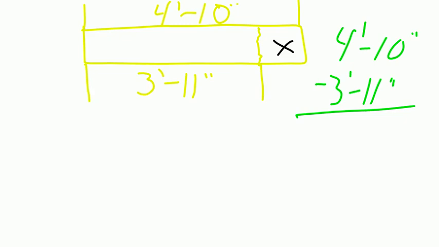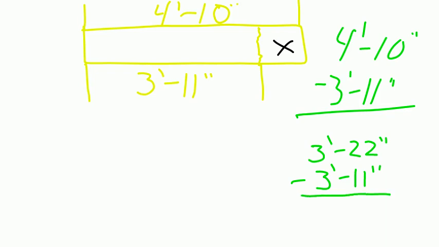And again, we took the 4 foot 10 and we made that into 3 feet 22 inches minus 3 feet 11 inches. 22 minus 11 is 11, and 3 minus 3 is 0. So again, our fall off piece here should be 11 inches.